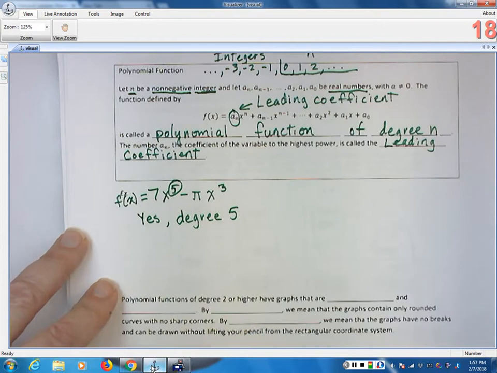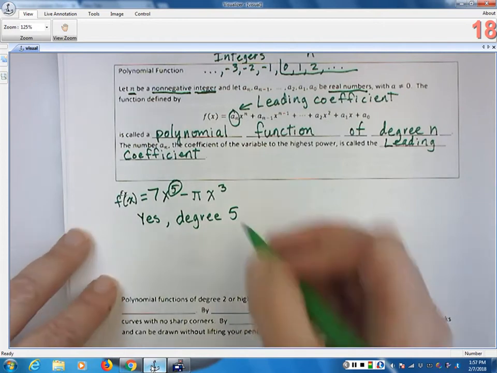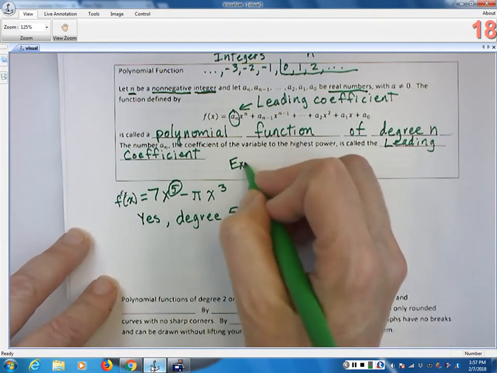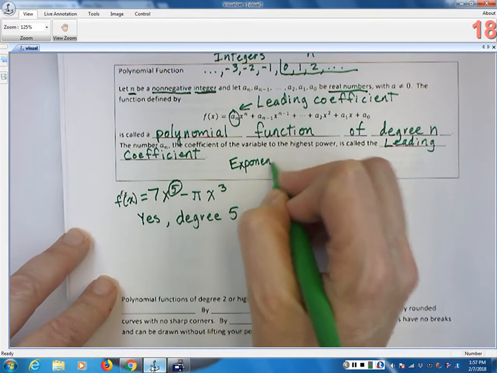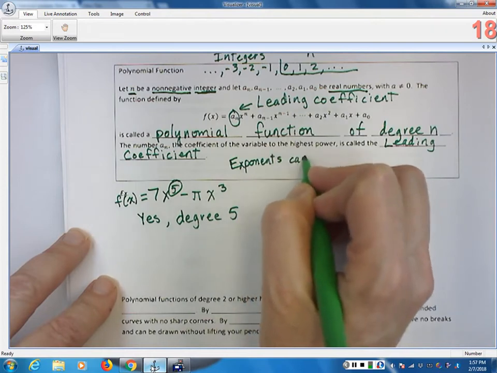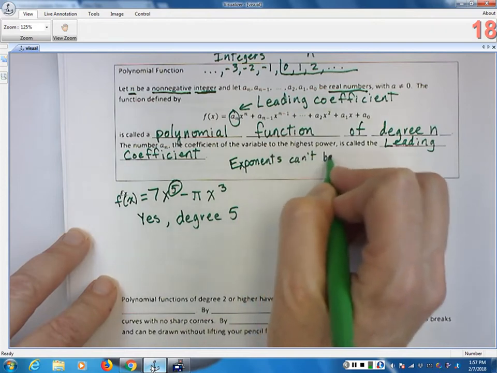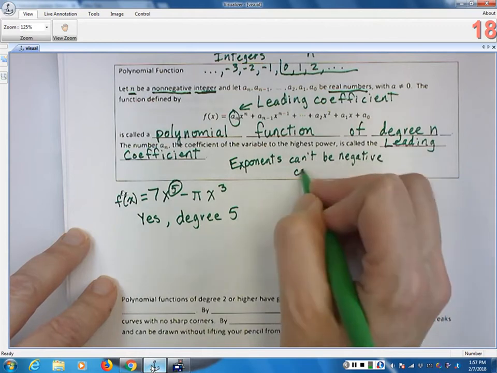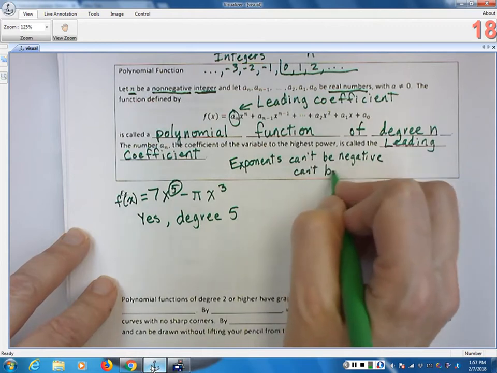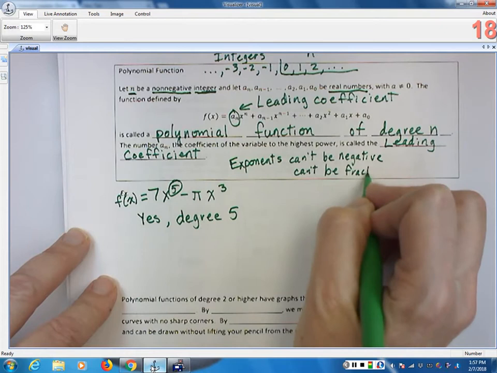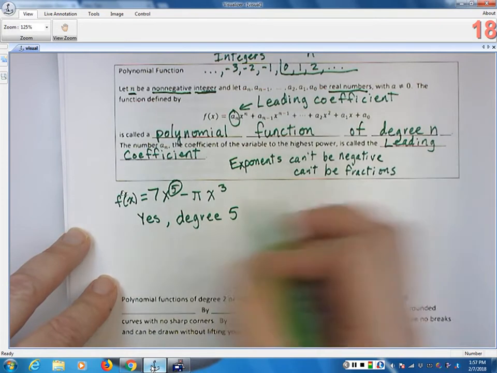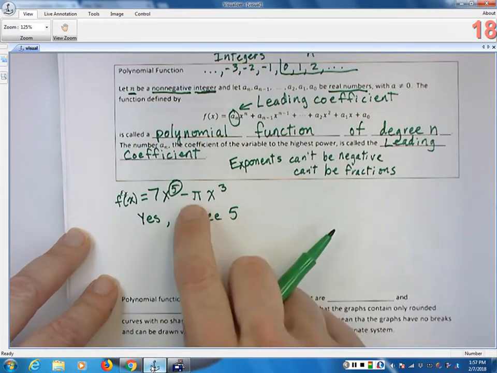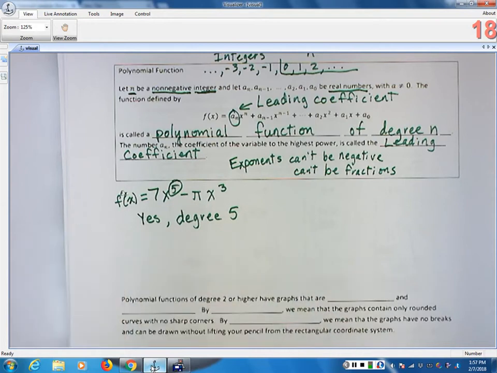That means the exponent can't be negative, and they can't be fractions. And pi is a real number, and the coefficients have to be real, so this is a polynomial. Let's do the next example.